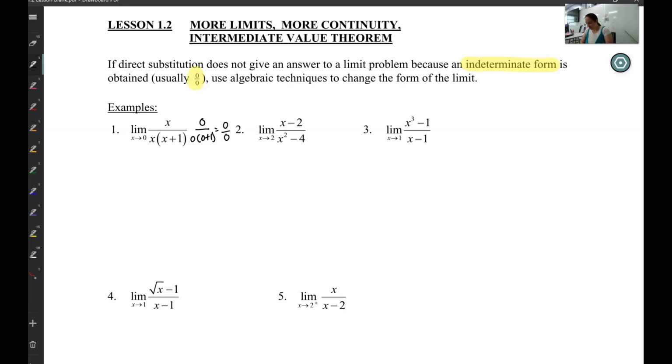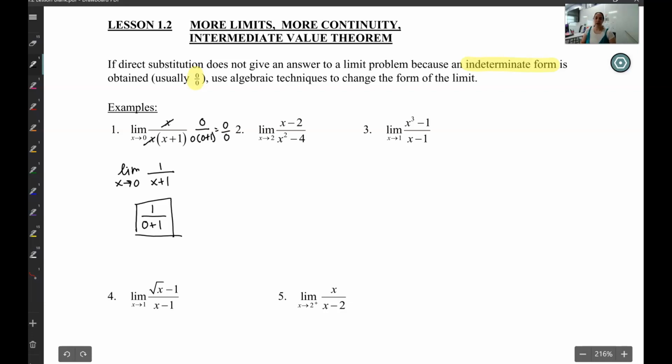So if I look at this one, my algebra is to simplify my x's. So if I simplify that, I now have 1 over x plus 1. And now if I do direct substitution, I get an answer. It works. Couple things. Number one, you do not need to simplify that.